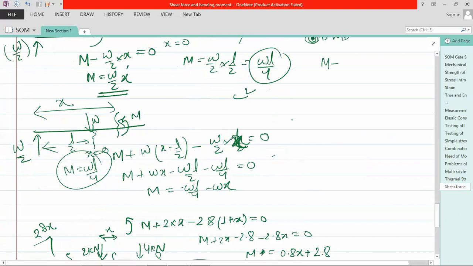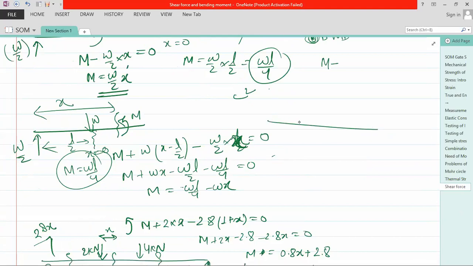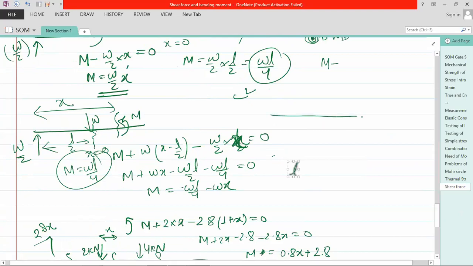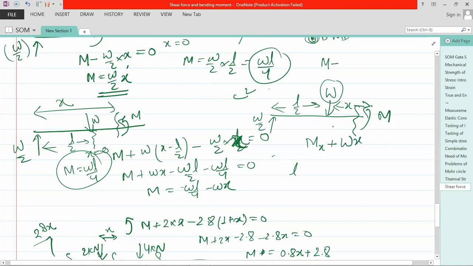So suppose this is your load W by 2. This is your W at L by 2, and this is a certain point at which I am asking to calculate the moment M. Now this is distance X. Let's take M at X plus this is W. Now W into X is the load acting in the clockwise direction, and now W by 2 is acting in the opposite direction.